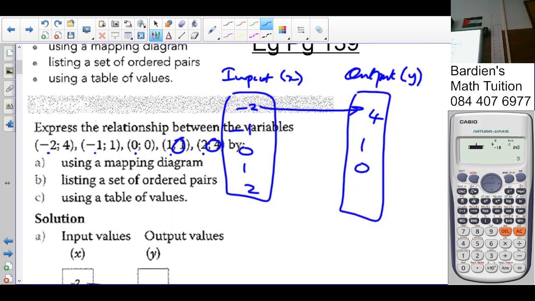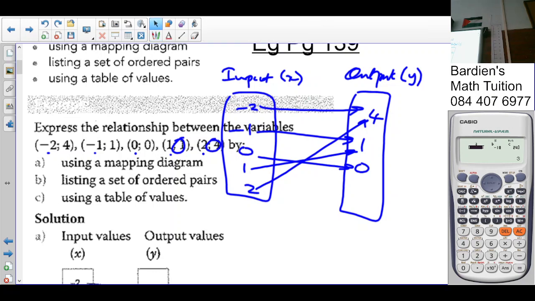So -2 corresponds with 4, -1 corresponds with 1, 0 corresponds with 0, 1 corresponds with 1 again, and 2 corresponds again with 4. Okay. We don't rewrite the number again and again, as I did. I just thought it's different numbers, but okay.